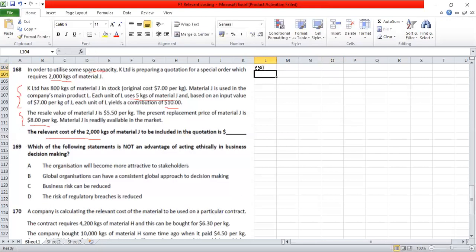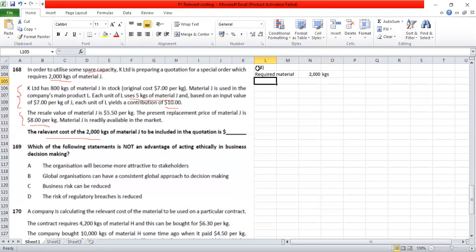Anything to do with the historical cost? Nothing to do with the historical cost, which is already purchased or available in the stores. So the second paragraph about acquiring at 7, historical in nature, is not relevant.